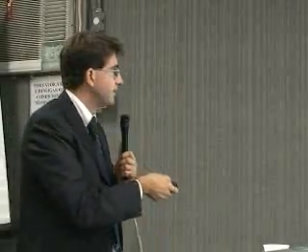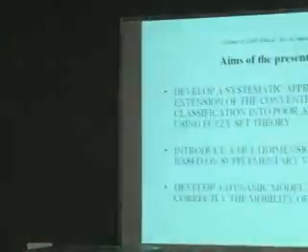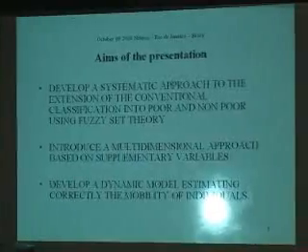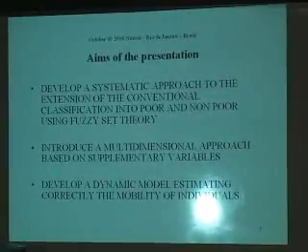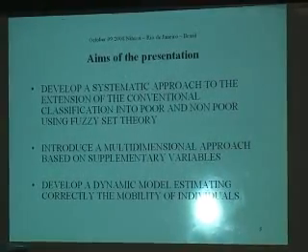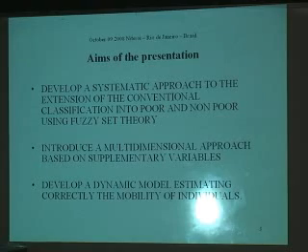So the aims of this presentation are essentially three. First of all, try to develop a systematic approach to the extension of the conventional classification into poor and non-poor, so the crisp definition explained very well by Professor Shorrocks before, and this by using fuzzy set theory. The second point will be to try to introduce a multidimensional approach, so see how fuzzy set theory could be used.